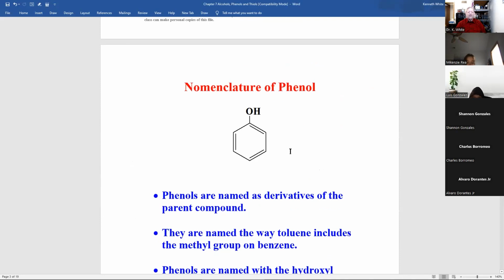All right, let's talk about this molecule. When you have a benzene ring with a hydroxyl group, that's been around for eons. And as they did with benzene and toluene, IUPAC said, we're not going to get the chemists to change the name of that.